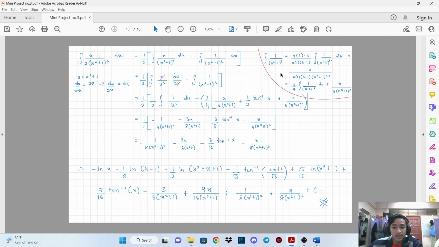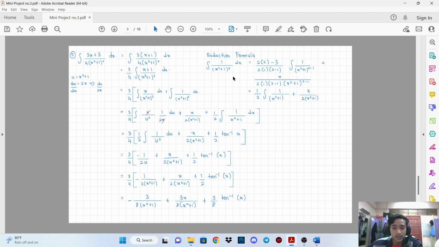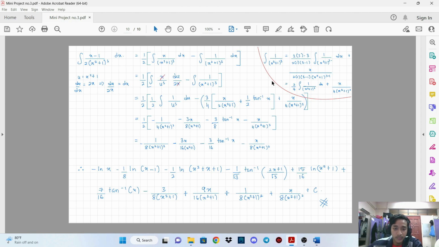Same with this method, we use reduction formula here.